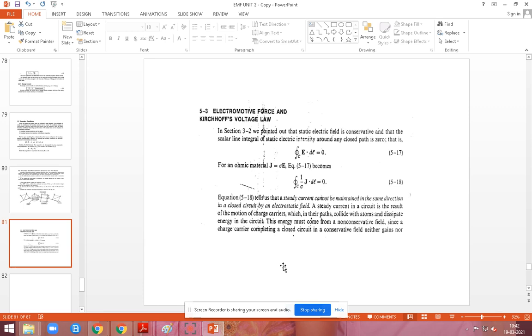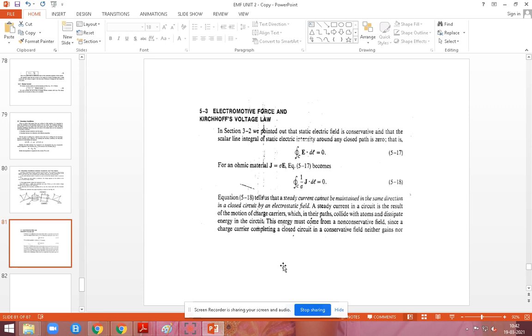Okay, here for the ohmic material, we are going to represent the J value as sigma E. இந்த ஈக்குவேஷன் முன்னாடியே ஸ்டார்டிங் கிளாஸ்லயே சொல்லியிருக்கேன், J equal to sigma E. So which will be substituted in the equation, that is 1 by sigma into J. E க்கு பதிலா என்ன பண்ண போறீங்க, J by sigma.